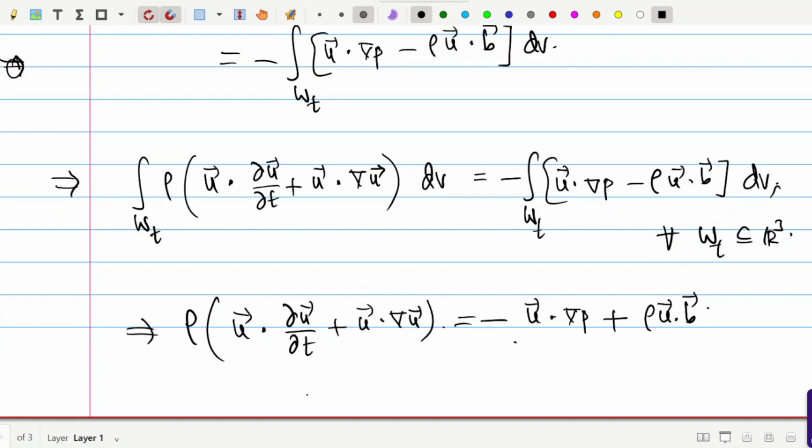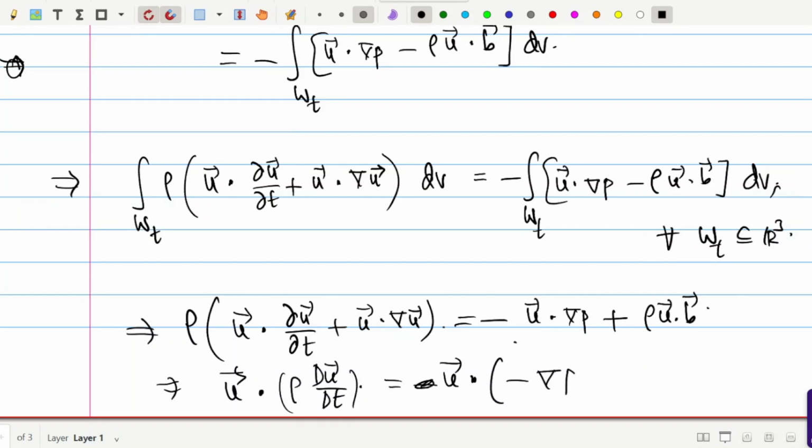So how do you get this one? This is nothing but U bar dot product with rho du by dt, isn't it? That's what it is, equal to U bar dot minus grad P plus rho B.